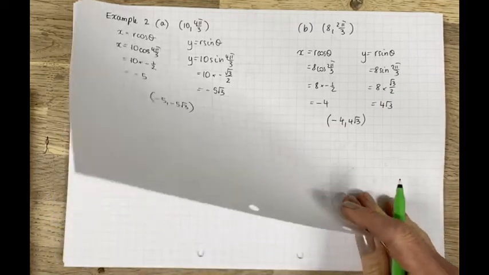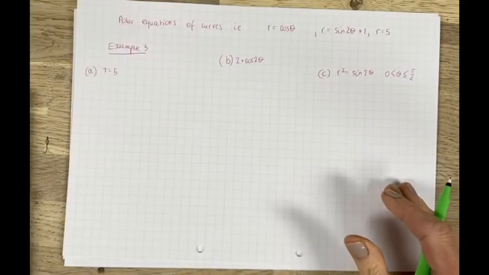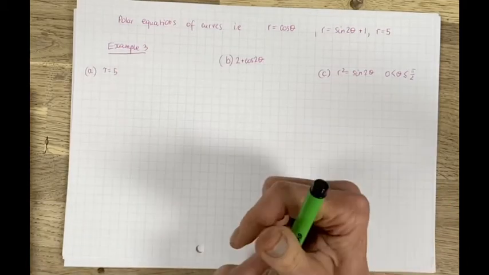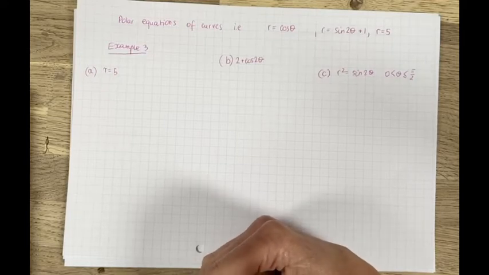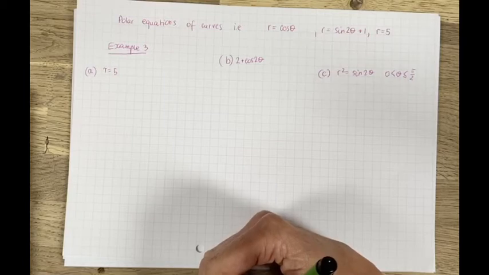Okay, so we can now go on to example 3. So this time the idea is describing curves in terms of their equations. In Cartesian form you have to have x's and y's. In polar form you've got to have r's and thetas in the equation.